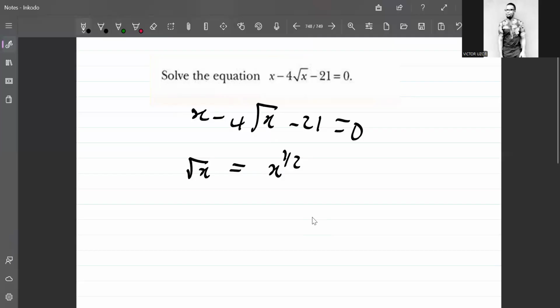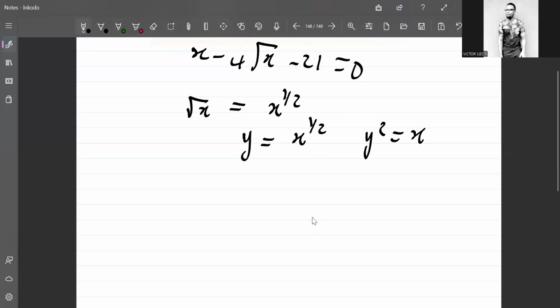Then if y is equal to x raised to the power 1 over 2, y squared will now be equal to x. Let me explain this, because you need to understand this concept.